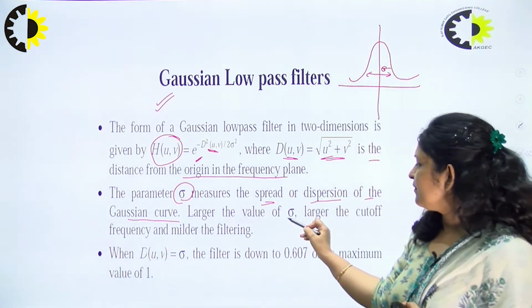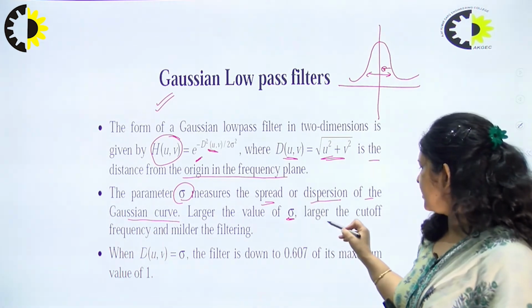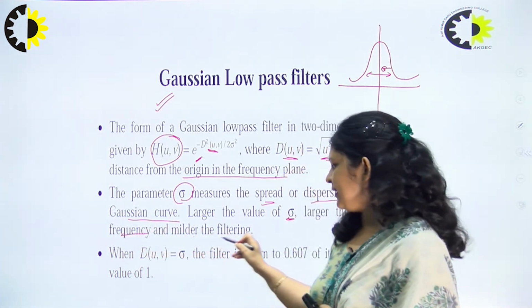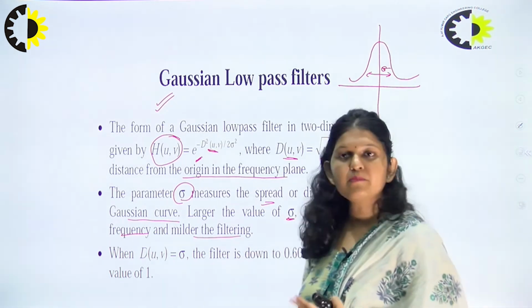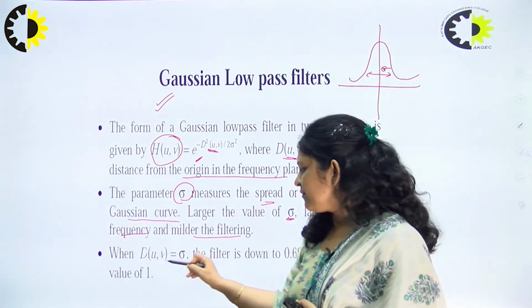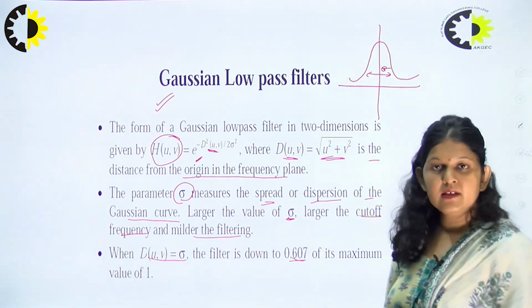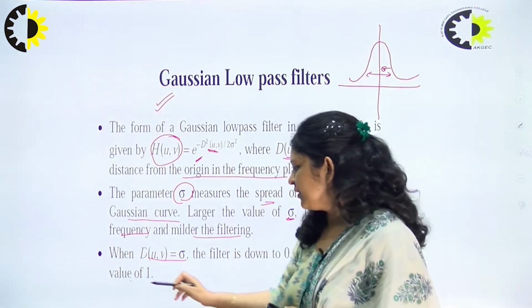So the larger the value of sigma, the greater the spread, the larger the cutoff frequency and milder the filtering. Okay, that is not much filtering we will get. When D of u comma v is equal to sigma, the filter is down to 0.607 of the maximum value of 1.